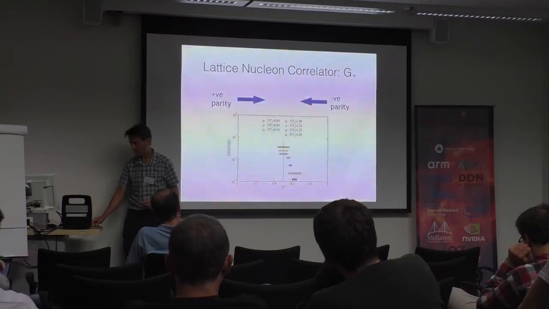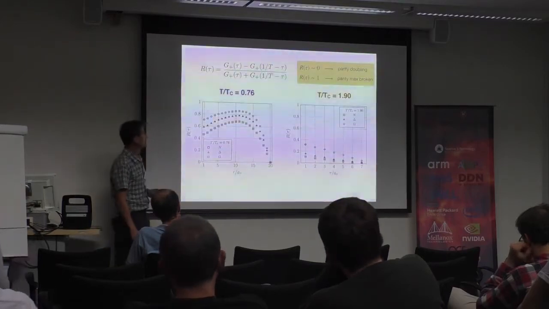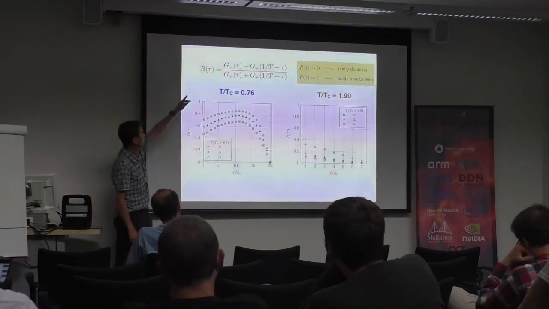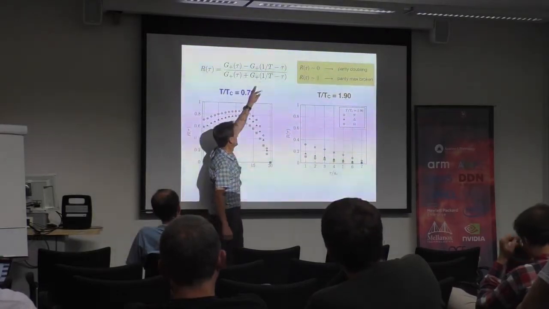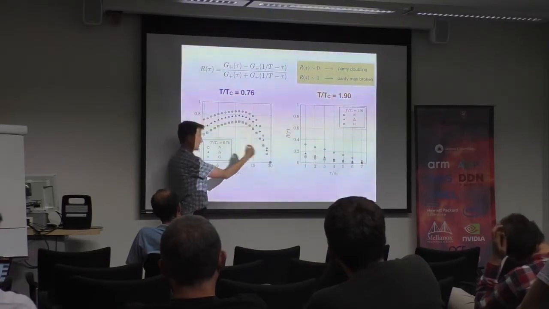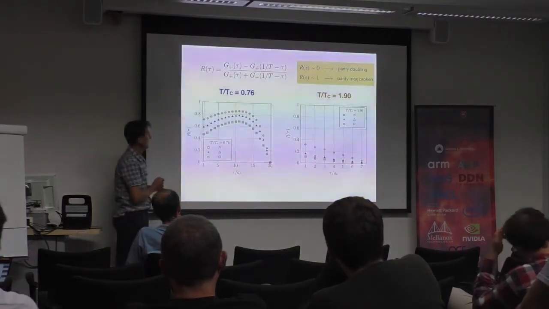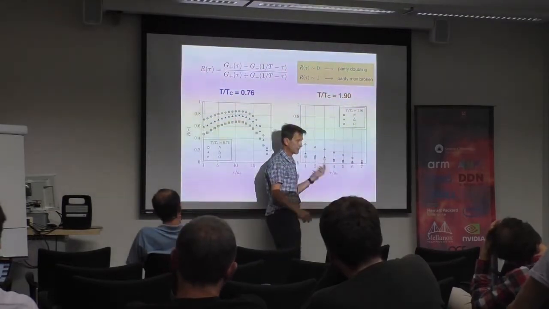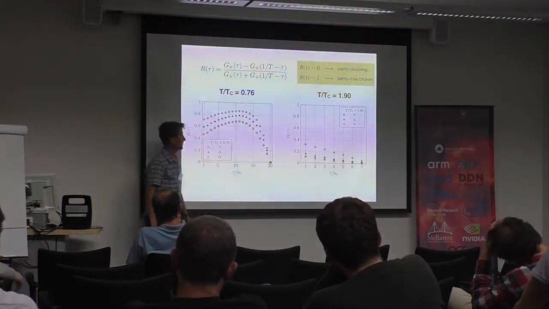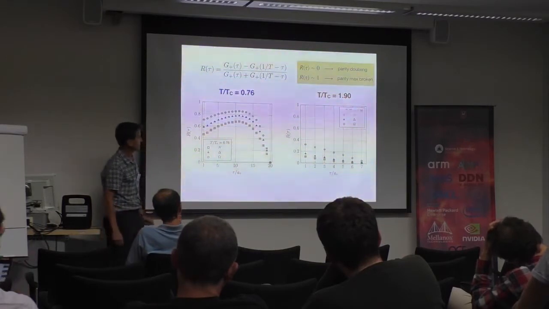Okay, that's kind of pretty, but that's the thing that you look at by eye. Let's be a bit more quantitative. So you can just play games with numbers. This R ratio takes a difference between the positive part of the correlation function and the negative part at the symmetric point. So when the difference is zero, that means they're the same, which means you've got parity doubling. The masses of those two states are the same.